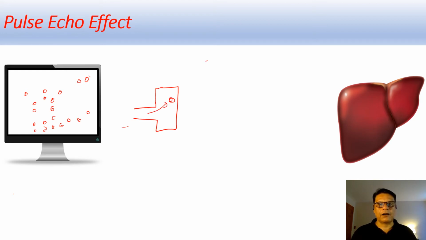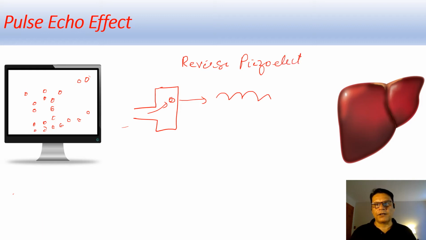when an electrical current is applied on a piezoelectric crystal, it produces ultrasound waves, and this is called the reverse piezoelectric effect.